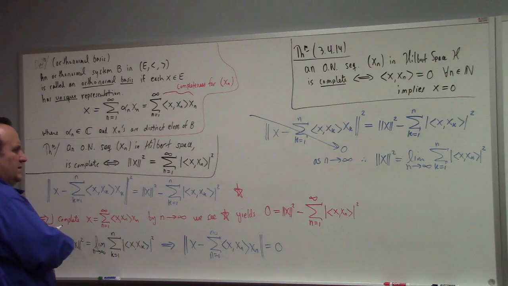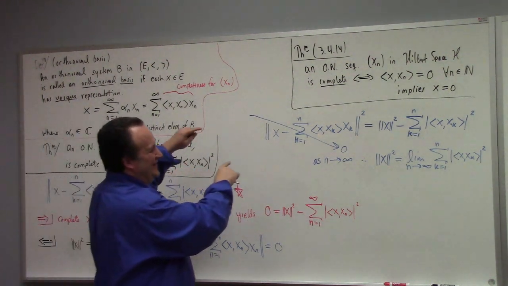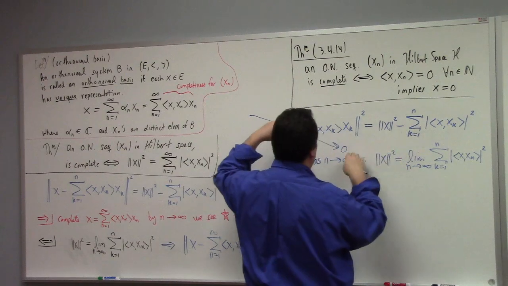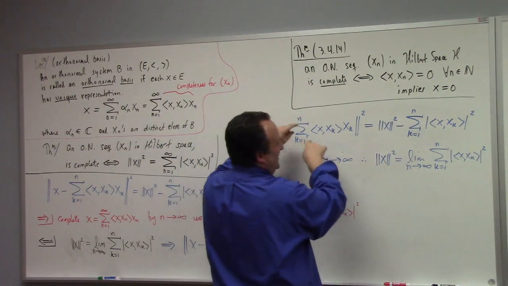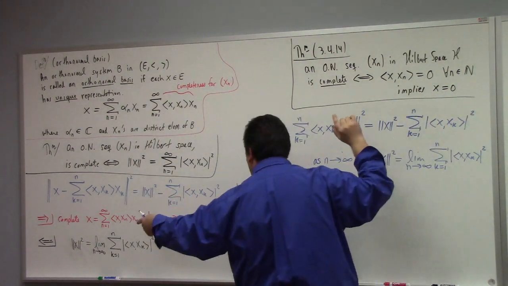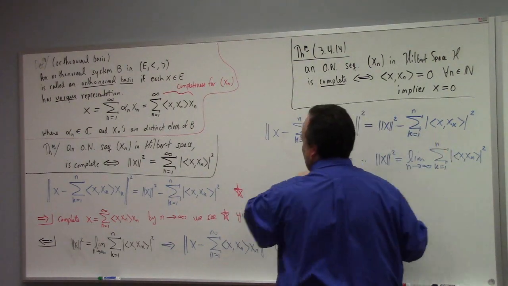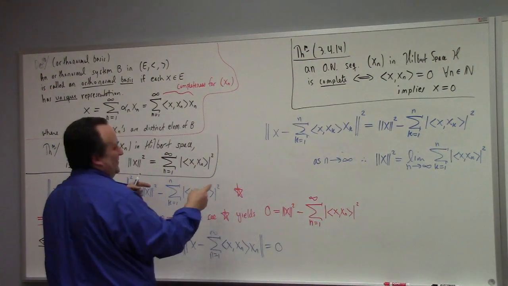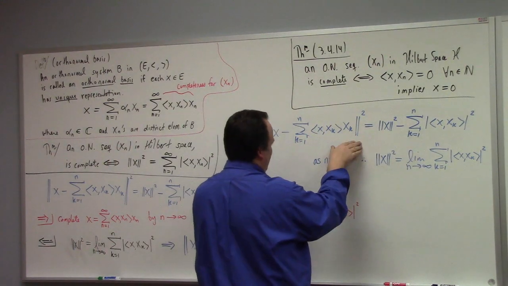Wait a minute. I already knew that. Oh, the other way around. I'm a dummy. It's not that. I'm sorry, guys, I'm going backwards. In the case we're in right now, we have these are equal. Therefore, this goes to 0.